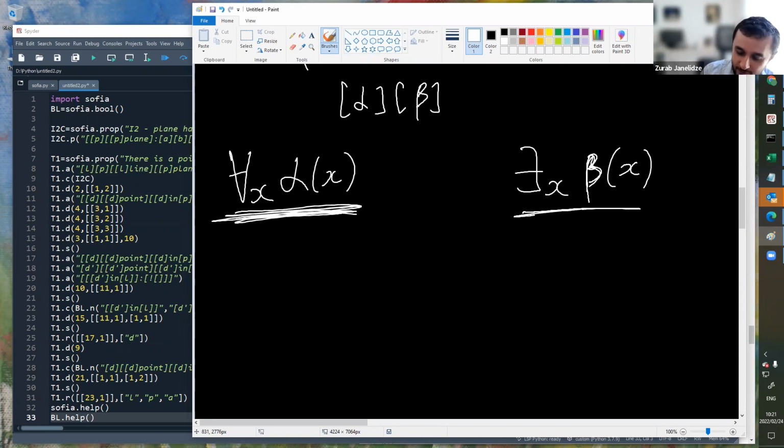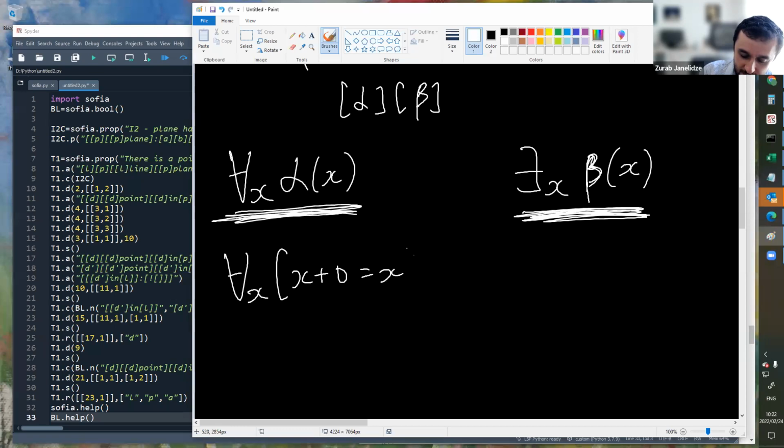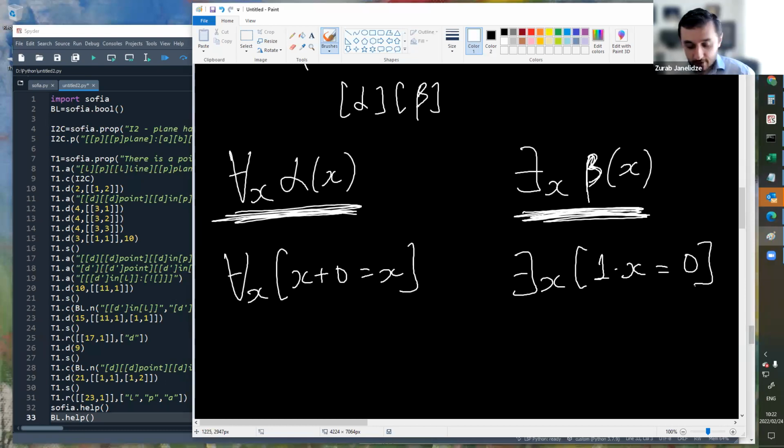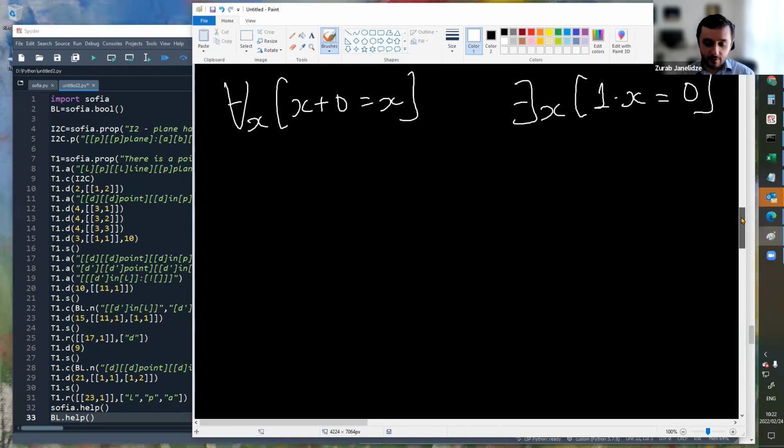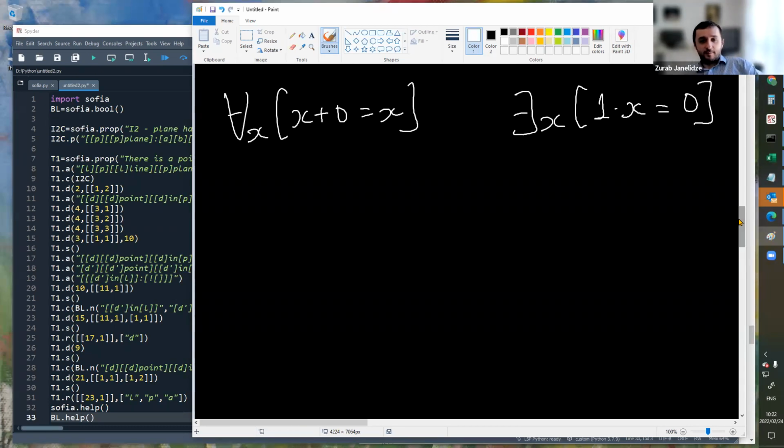And this one, maybe the other one is easier for you. This one says there exists an x such that beta x is true. Let's make it more concrete. Let's say I want to say for every x, x plus 0 equals x. And here I want to say there exists x such that 1 times x equals 0. How will I say these two things in Sophia?